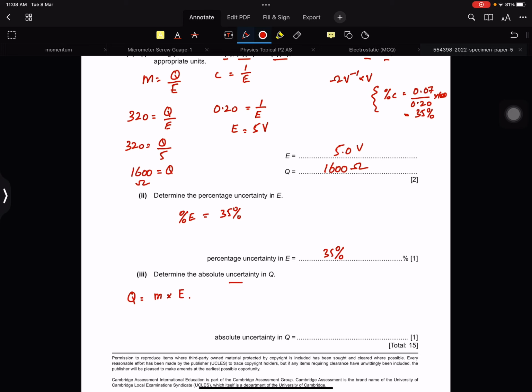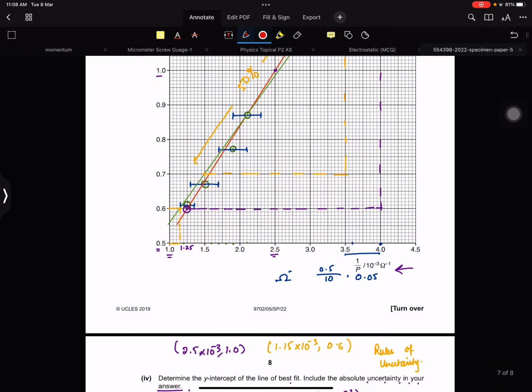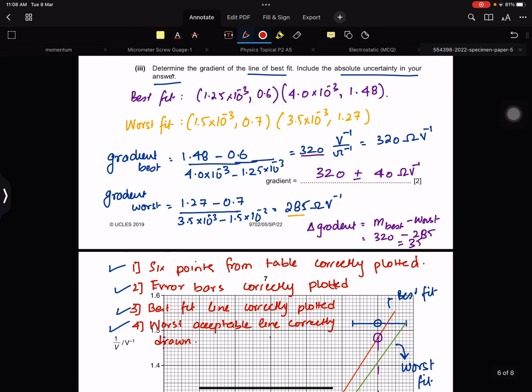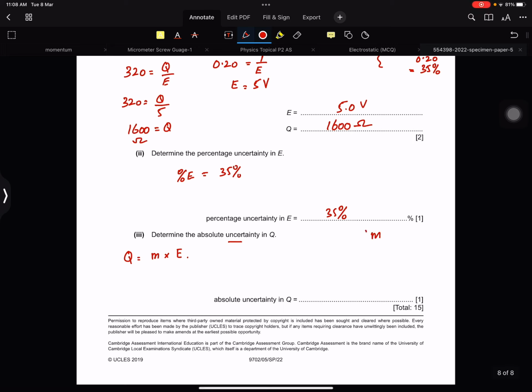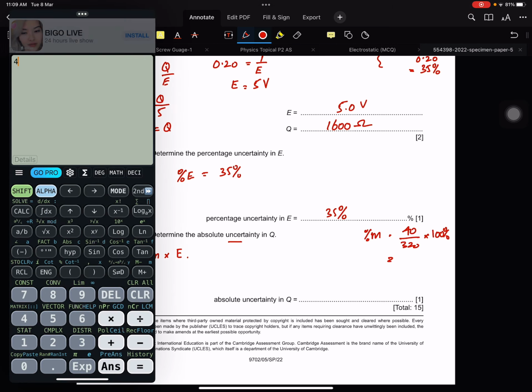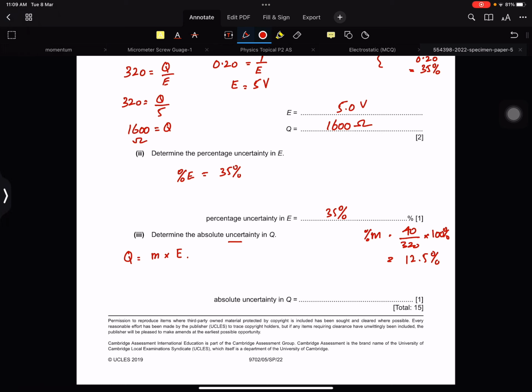The gradient was 320 with an uncertainty of 40, I think, so the percentage uncertainty in gradient would be 40 over 320 times 100. 40 divided by 320 multiplied by 100, so that's about 12.5%.